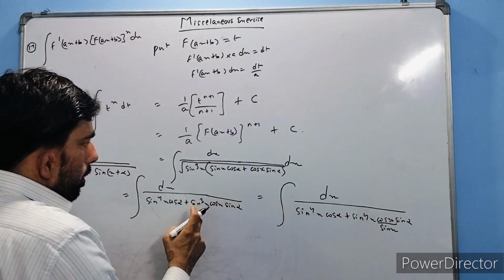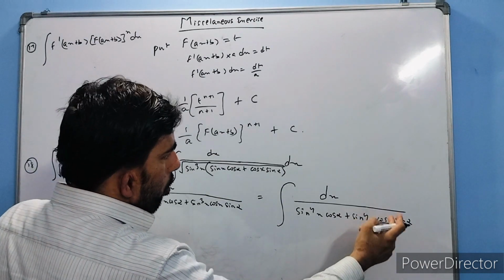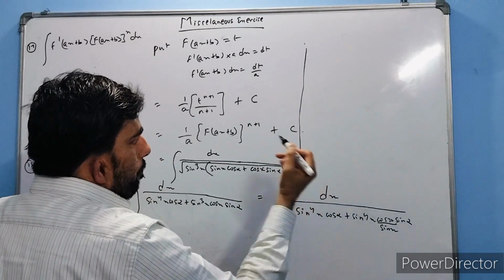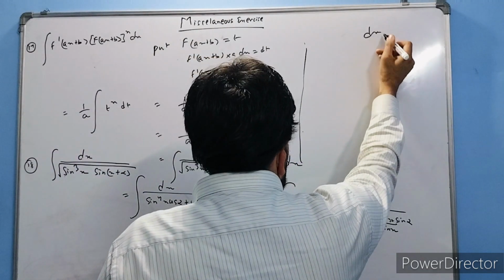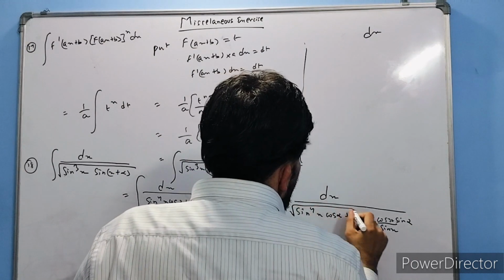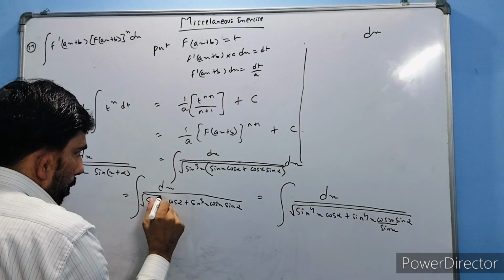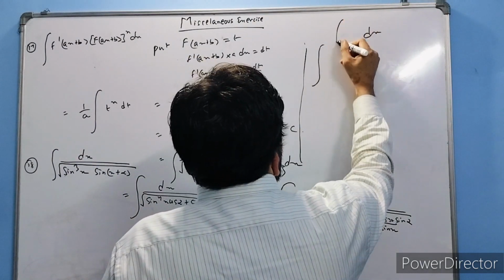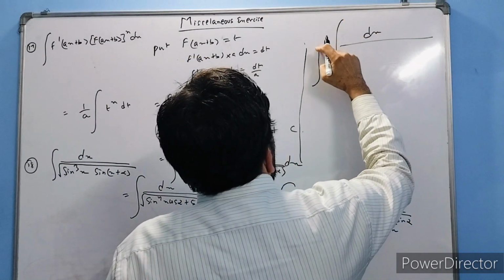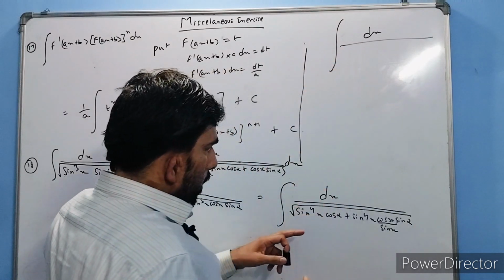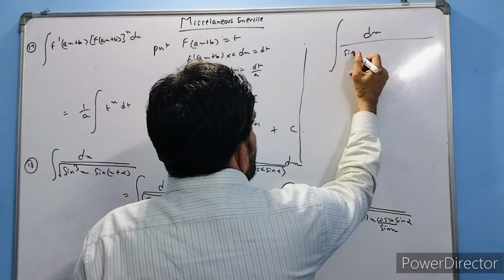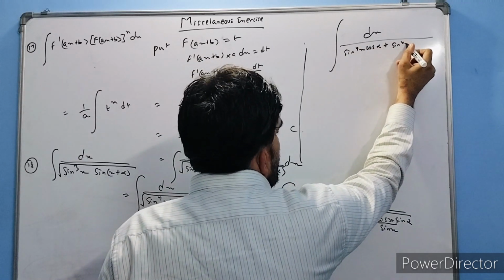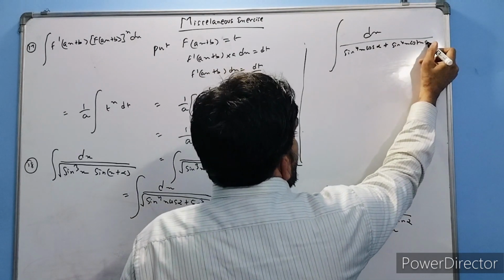So sine x into sine cube x will be sine power 4x, and cos x upon sine x will become cot x. Let us try to solve here now. We have to take care that it is in the root. We will write sine power 4x cos alpha plus sine power 4x cot x sine alpha.